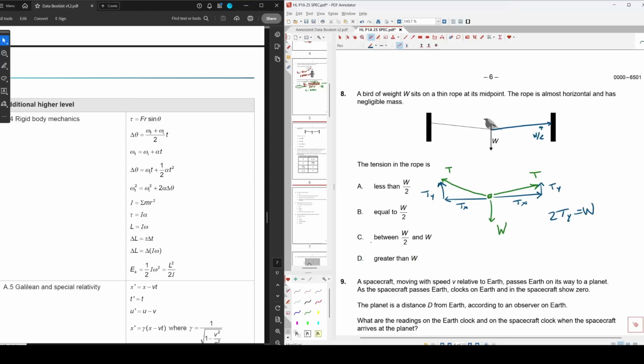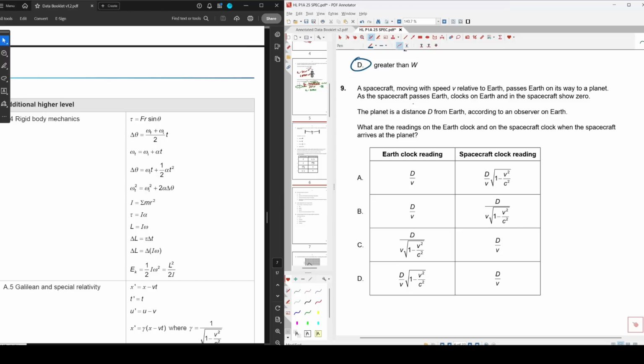So the tension has to be really, really big. I think it's definitely got to be D, bigger than W. Yeah, that's the idea. All right, the Y piece is half of your weight, but because this angle's so shallow, I am quite confident that it's going to be way bigger than W because I'm talking about tension, not just this piece of tension.